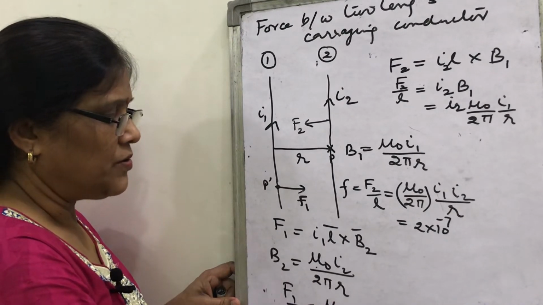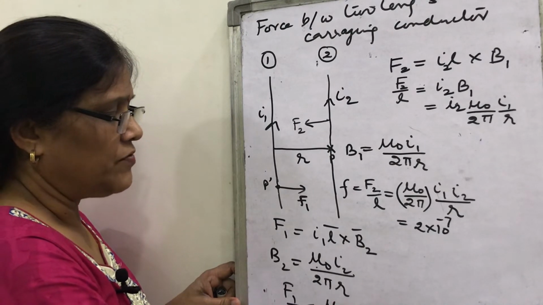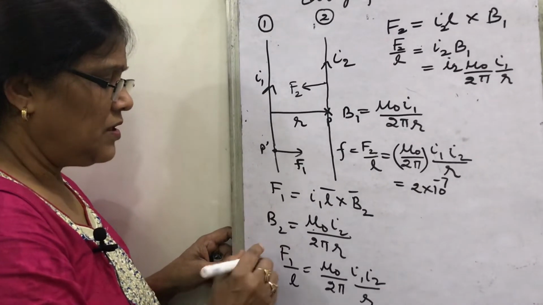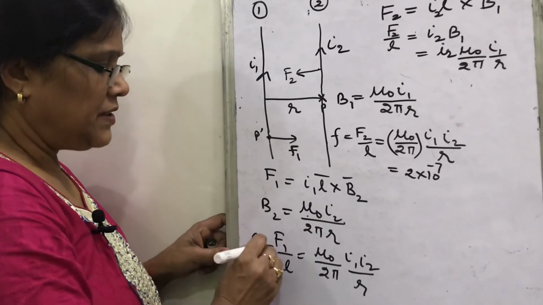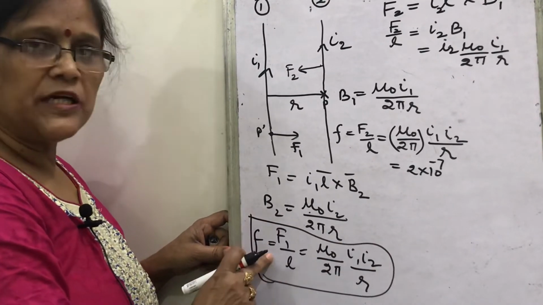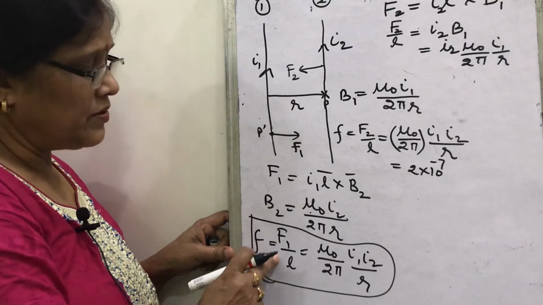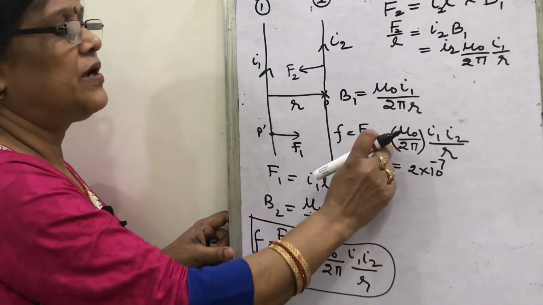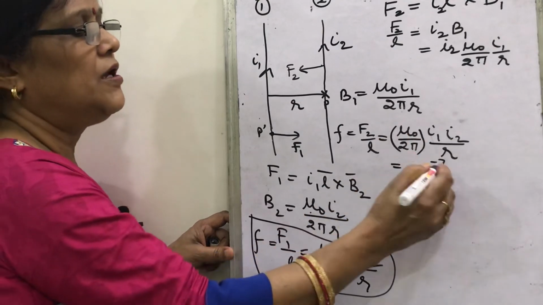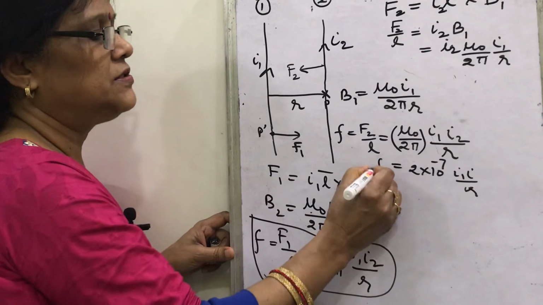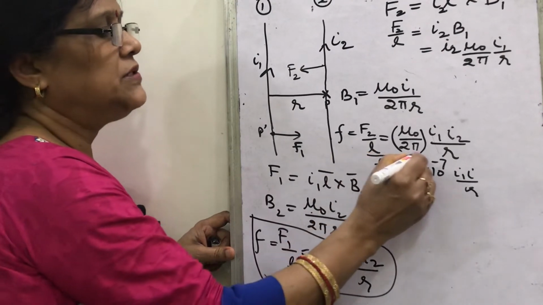Mu naught upon 2 pi I1 I2 upon R. So look, you can also say this is the force per unit length. Same expression in magnitude, F1 by L and F2 by L both are same. Here you can write mu naught upon 2 pi, I1 I2 upon R, and this is F.